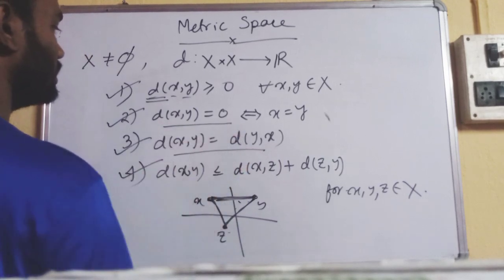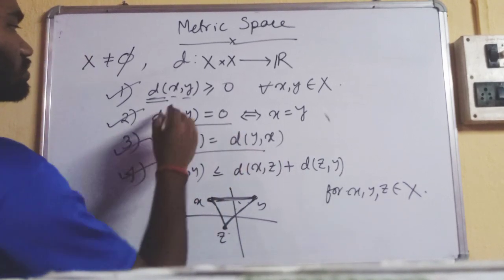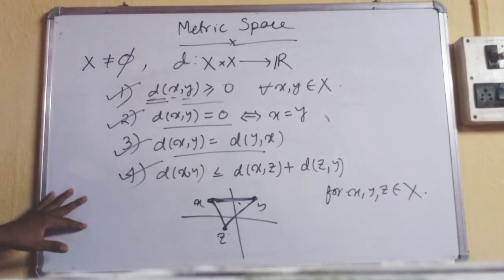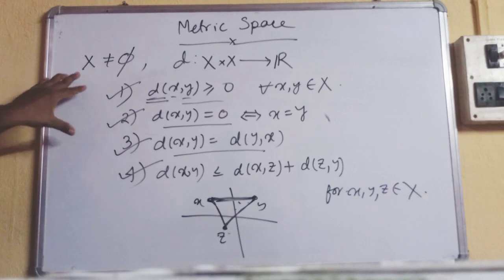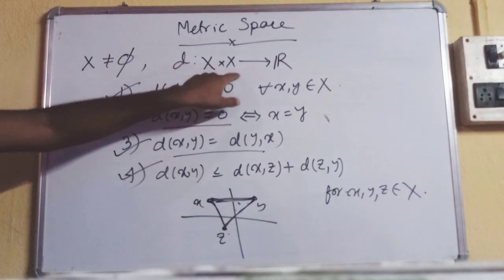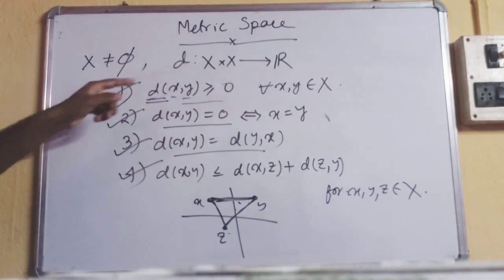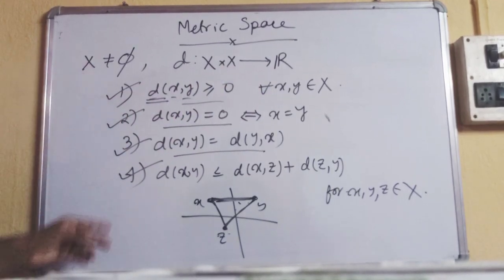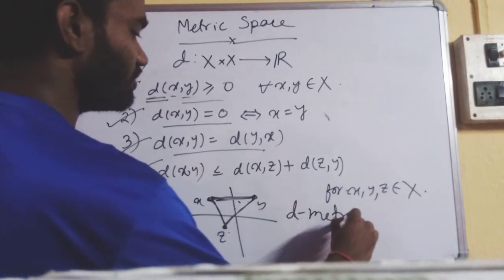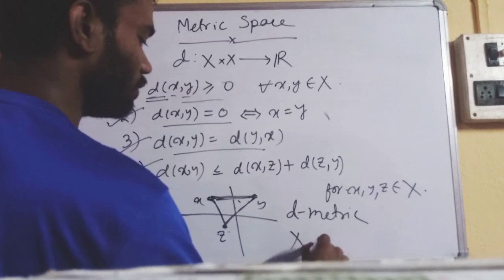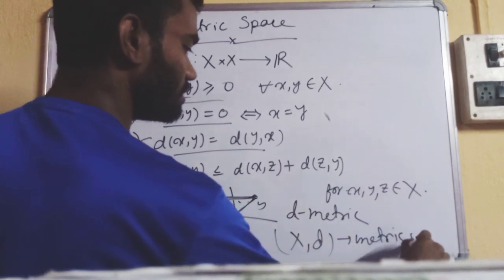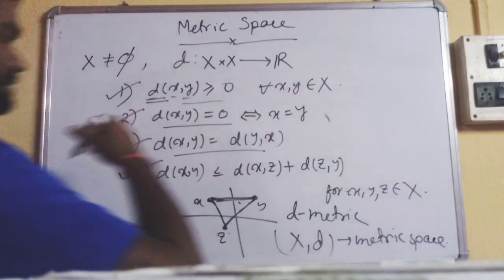This is called non-negativity. So, these are the basic properties of a metric space. If X is any non-empty set and d is any function from X cross X to R, and if d satisfies these 4 properties, then d is called a metric, and X along with d is called a metric space.